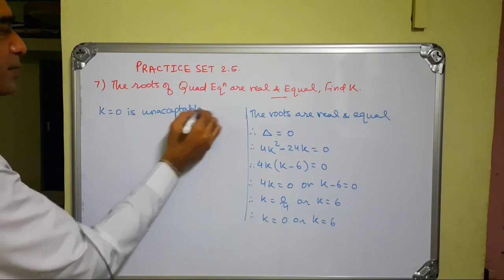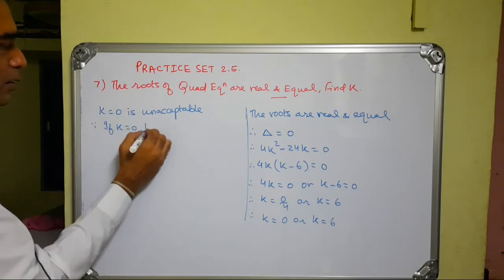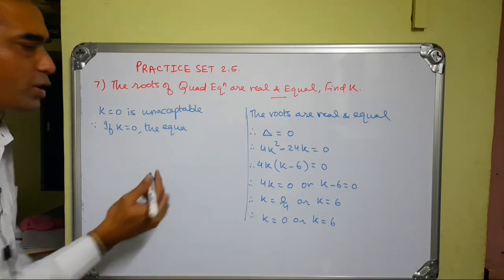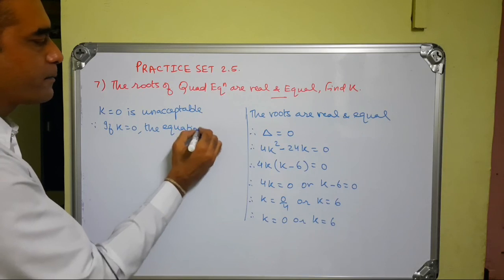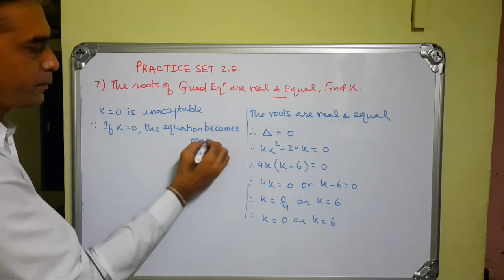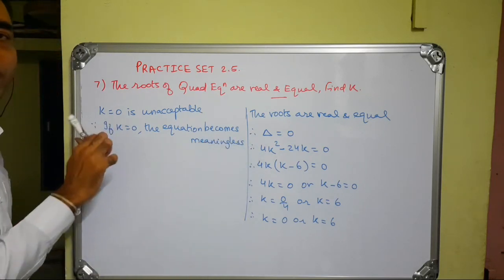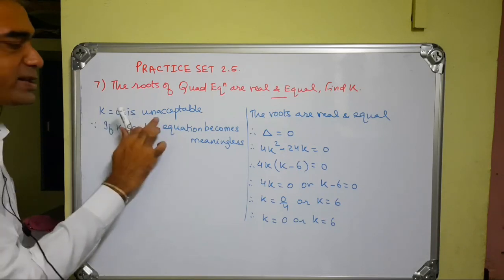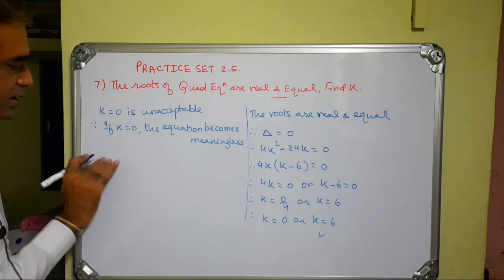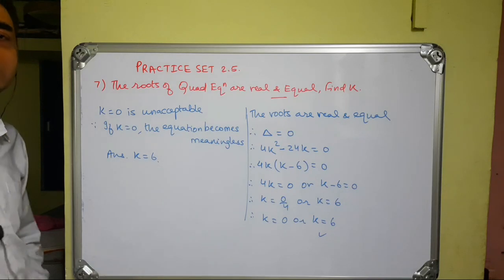It is unacceptable because if k equals to 0, the equation becomes meaningless. It will not be a quadratic equation at all. Therefore this value is not acceptable. So we will take only this value. Therefore the answer is k equals to 6. This is the value of k.